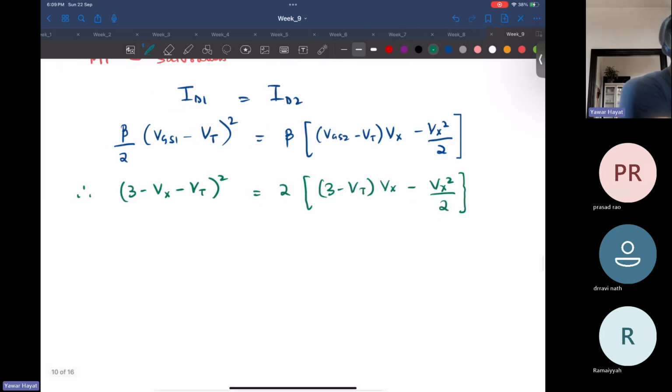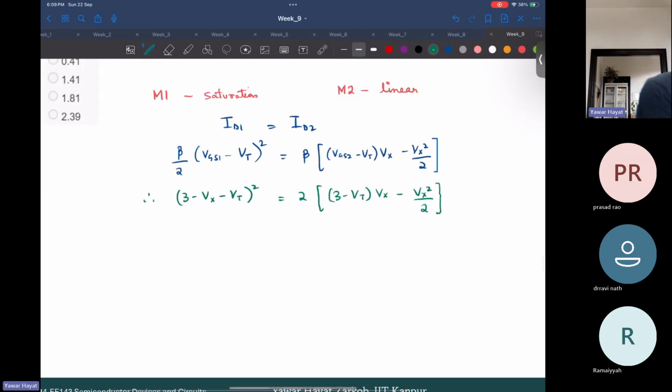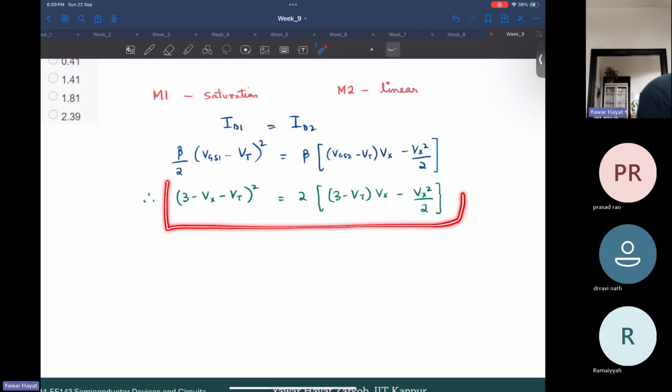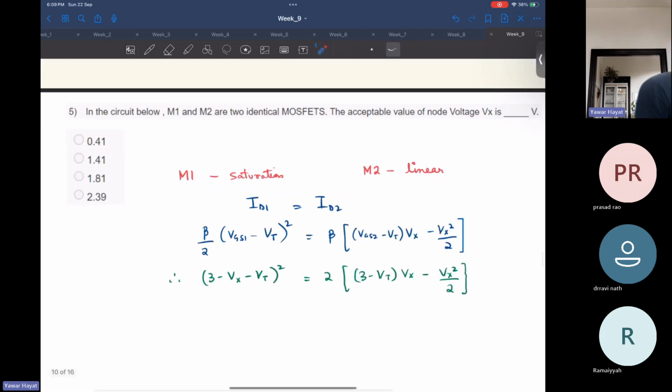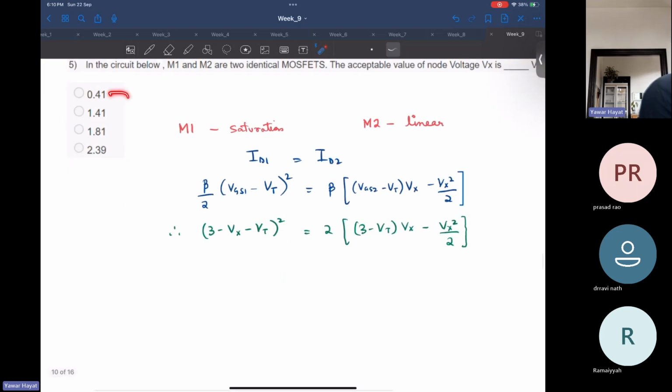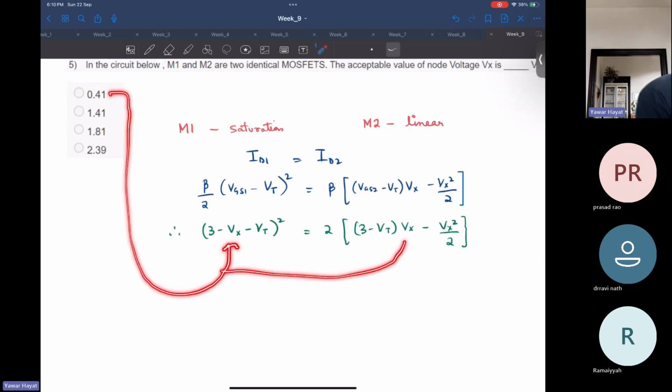Now, how should we approach this one now? We reached this equation that is valid for this problem. In the question, we are given that we need to find the acceptable value of Vx, but we are given 4 options. One way to approach this problem would be to literally try putting values of Vx.